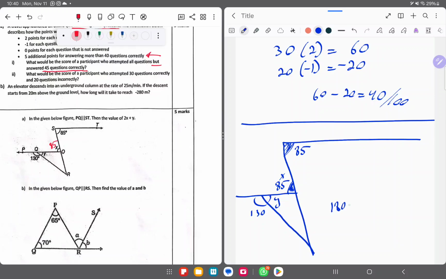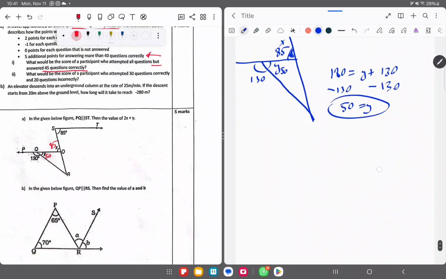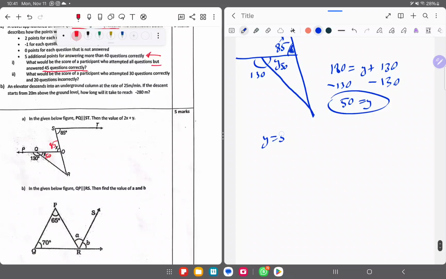So 180 is equal to y plus 130. Put the very important minus 130. Minus 130, 50. Y is equal to 50. This one is 50. This one is 50. That's it. Now I finished. I got y is equal to 50, and I got x is equal to 85.